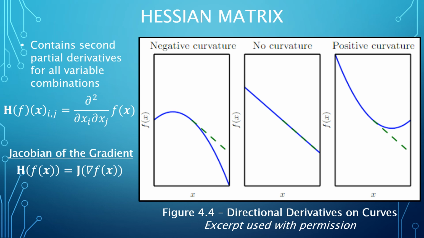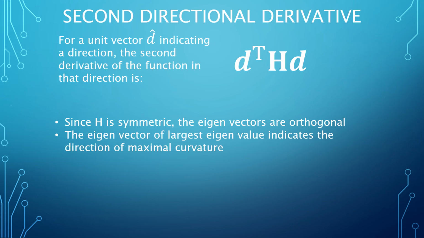Something to note about the Hessian matrix is that it's usually symmetrical. Specifically, it's symmetrical when the second partial derivatives are continuous functions. The authors specify that this is the case in most applications for deep learning. The reason it's symmetrical in those circumstances is because the order of the two partial derivatives being taken doesn't matter. It's commutative.